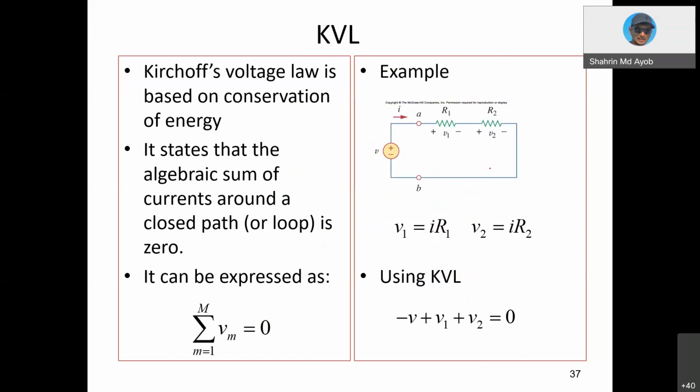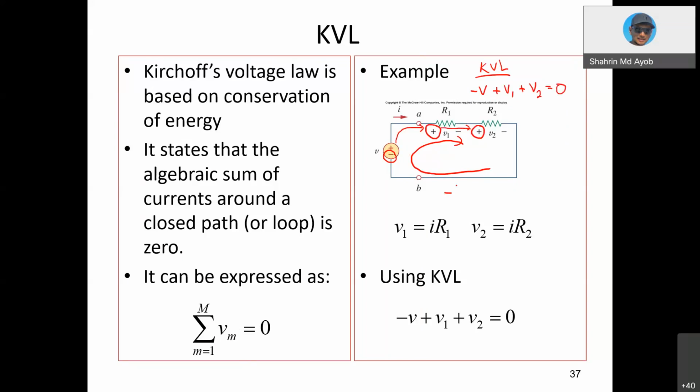We can start, usually I start from clockwise. So I start here, the current moves like this, so I actually meet the negative part of the voltage source. So I write my KVL equation: negative V, and then again I meet positive of V1, and then again I meet positive V2.